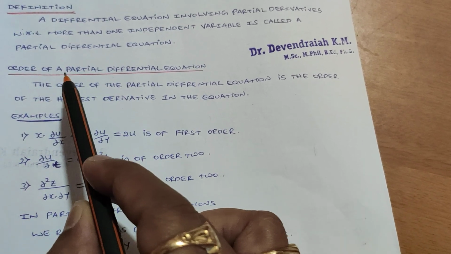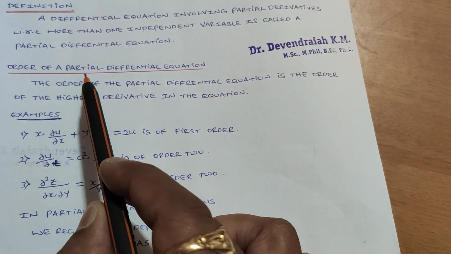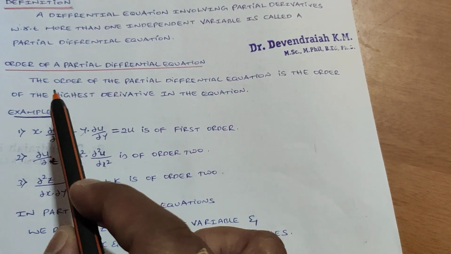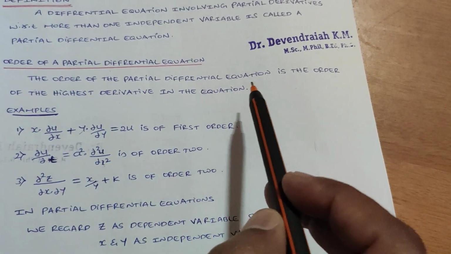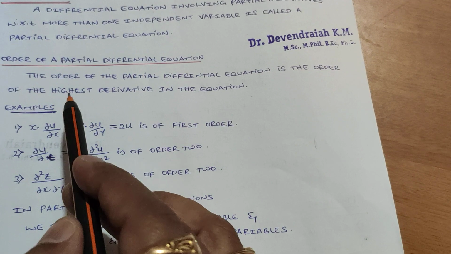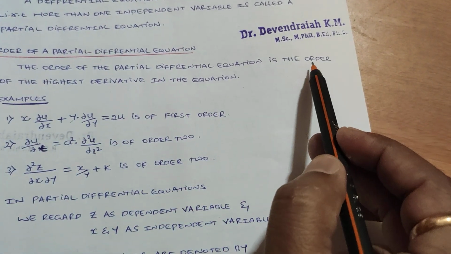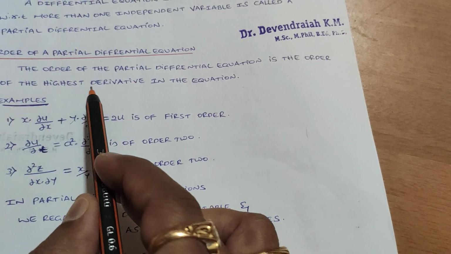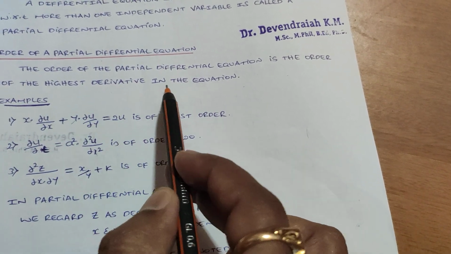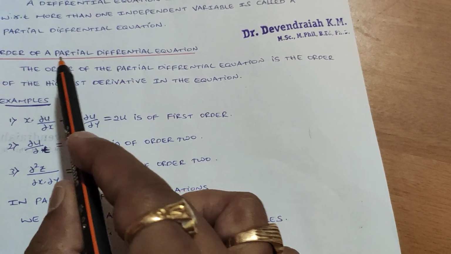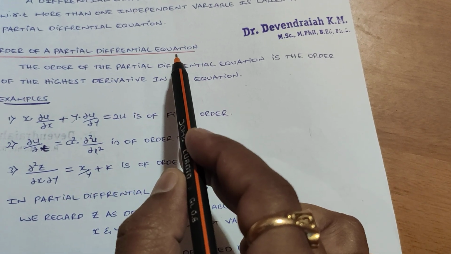Here also, the order of a partial differential equation is the order of the highest derivative in the equation.